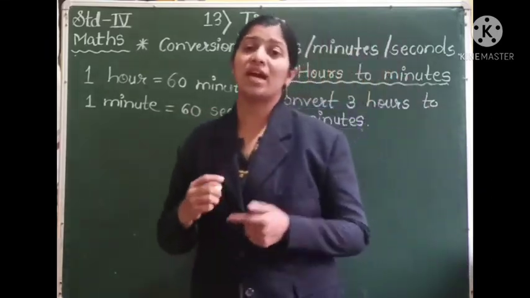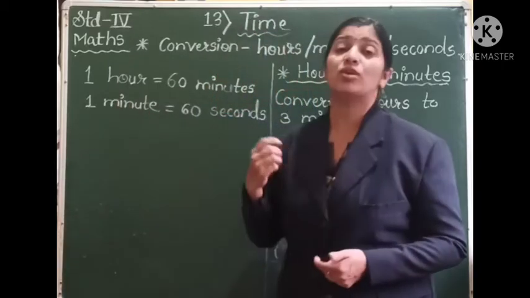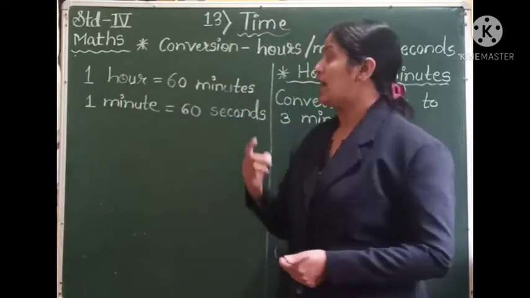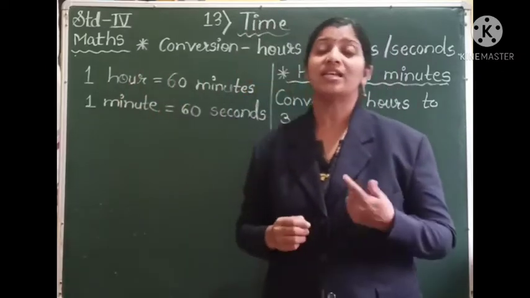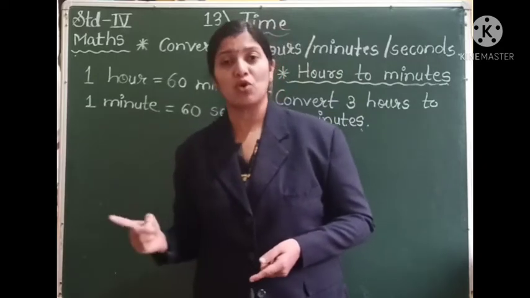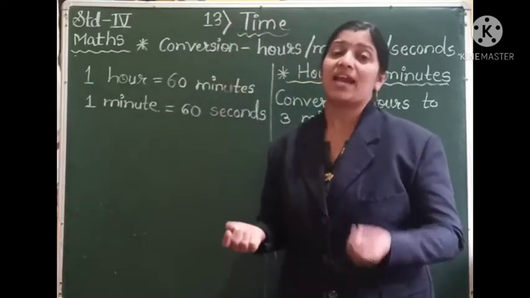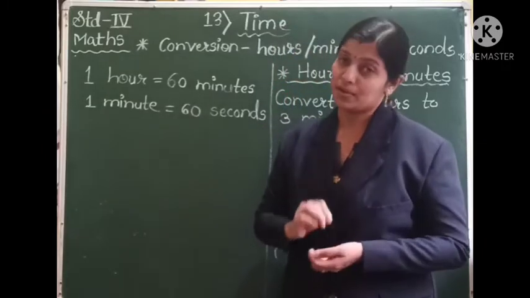But suppose we are converting seconds to minutes, then we have to divide by 60. And if we are converting minutes to hours, we have to again divide. So when we convert a bigger unit to a smaller unit, we will multiply, and when we convert a smaller unit to a bigger unit, we will divide.